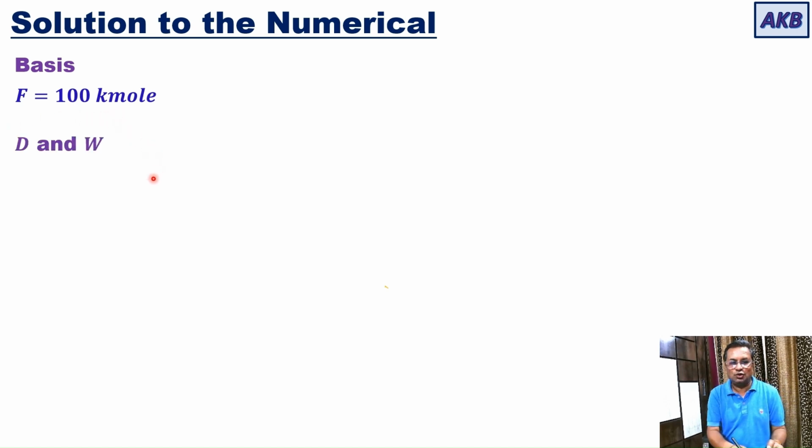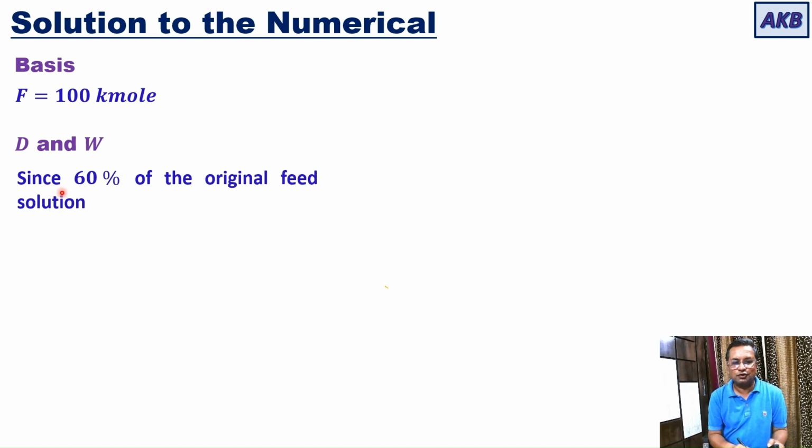The first step would be to get D and W. For that, first we will use the information that is given to us. What is the information? 60% of the original feed solution is distilled. So how do we use this information?